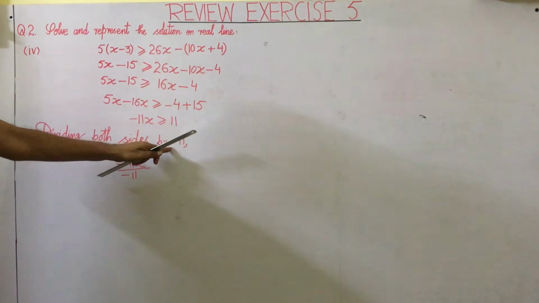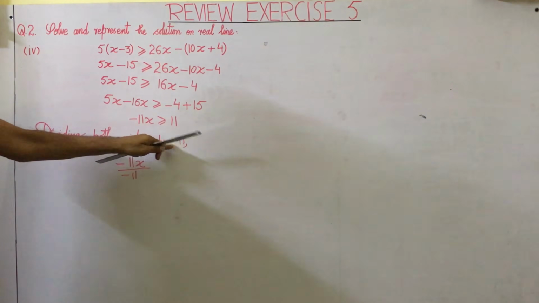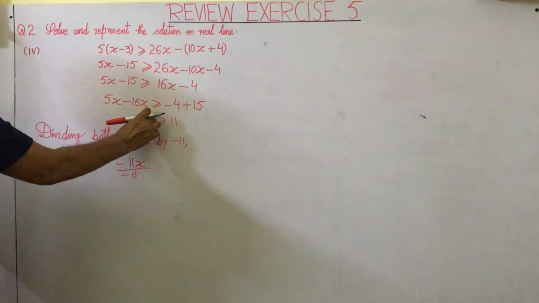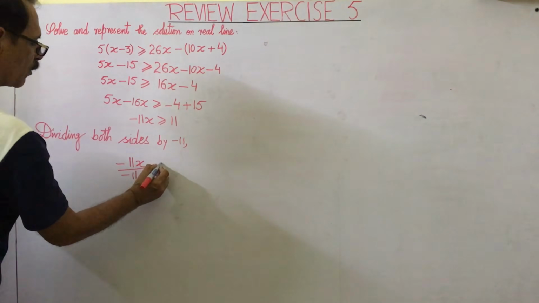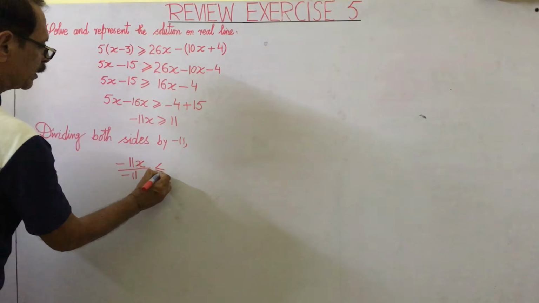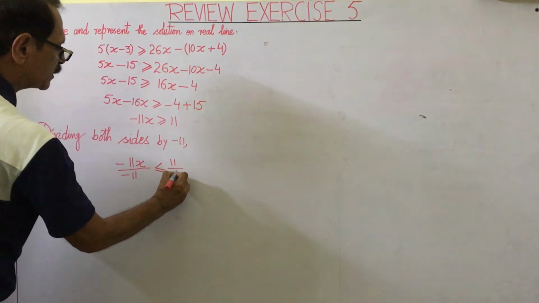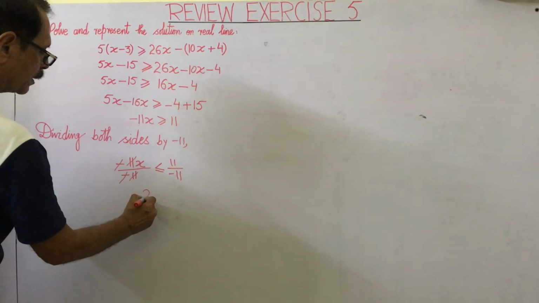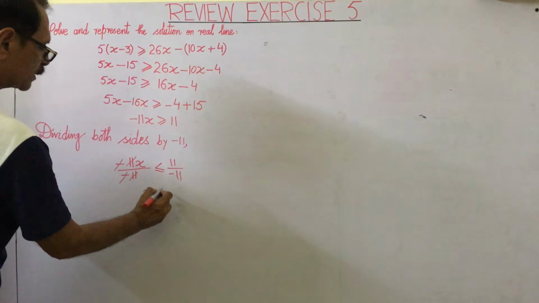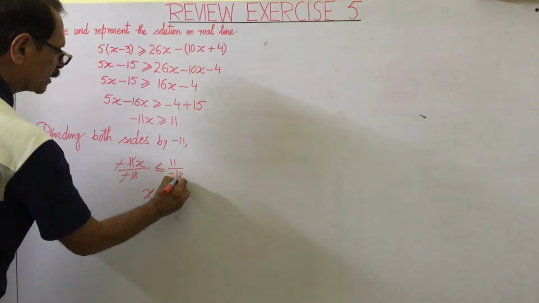When we multiply or divide an inequality by a negative number, the sign of inequality is inverted. Greater than or equal to will be changed into less than or equal to 11 over minus 11. x is less than or equal to minus 1.